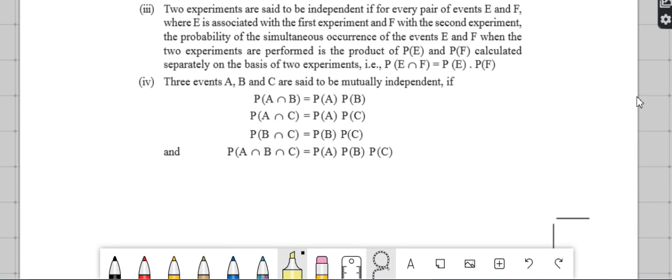Now in case you have three events, then A, B, C are said to be mutually independent events if they satisfy the following conditions.